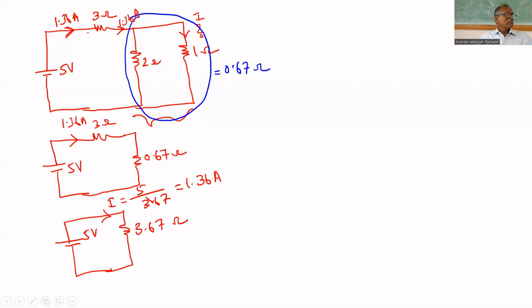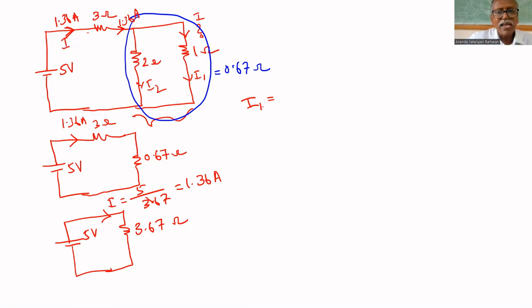We know one theorem. What is that? Current dividing theorem. So to find the current in 1 ohm, we use the other branch resistance divided by the sum of the resistances. For a parallel circuit, if you want to find the current in one branch, we have to use the current dividing theorem. Current through this is I1, current through this is I2, and the total current is I or I3.